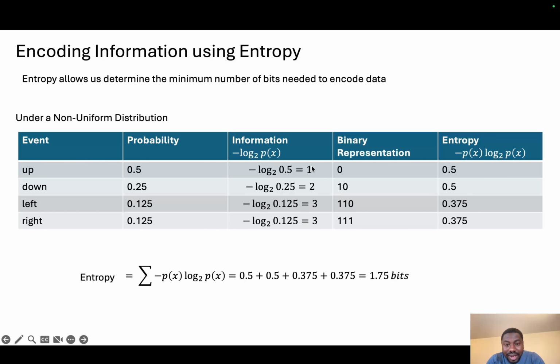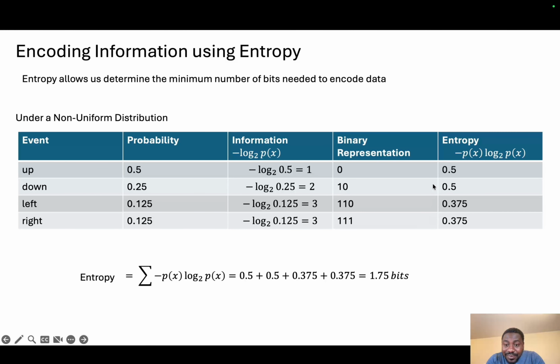So in this case, this is 1, so you need just 0. In this case, this is 2, you need 1, 0. This is 3, so we use 1, 1, 0, and 1, 1, 1 for this. And so we can straightforwardly compute the exact number of bits needed to encode each of these by taking the negative of the log of the probability of that data occurring.